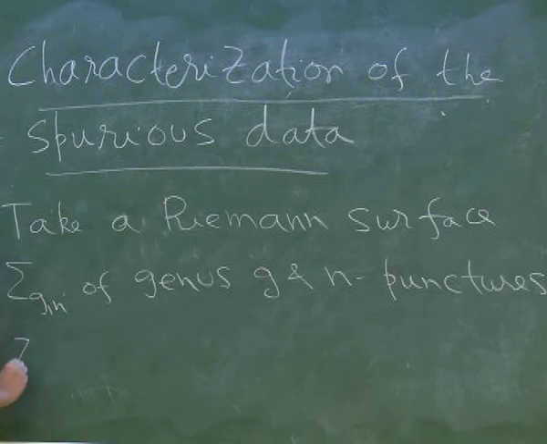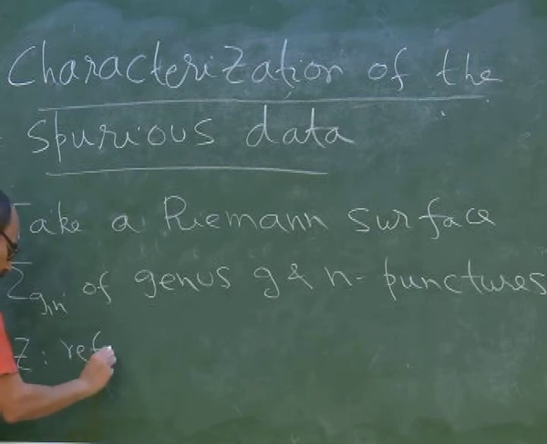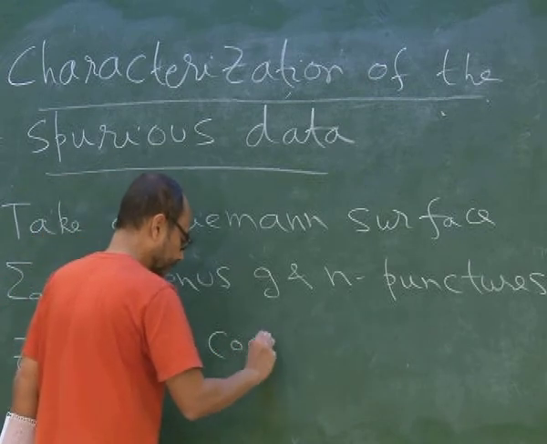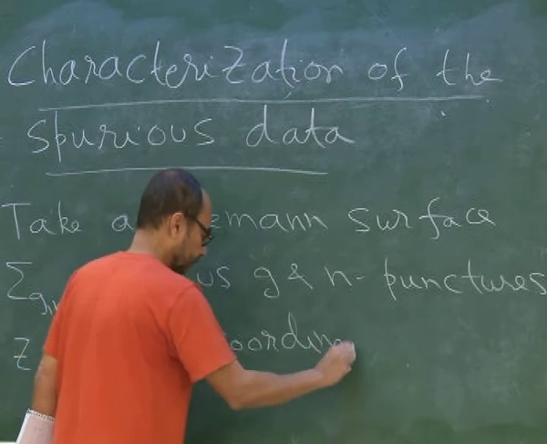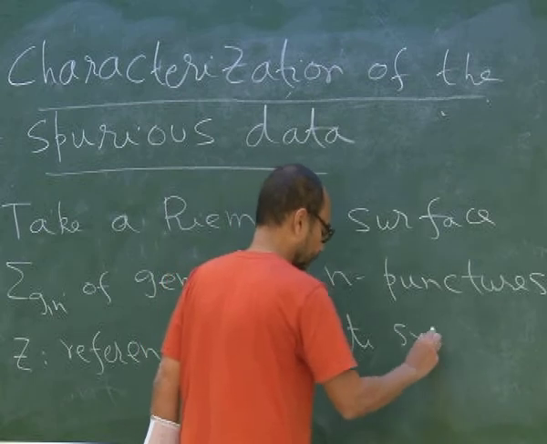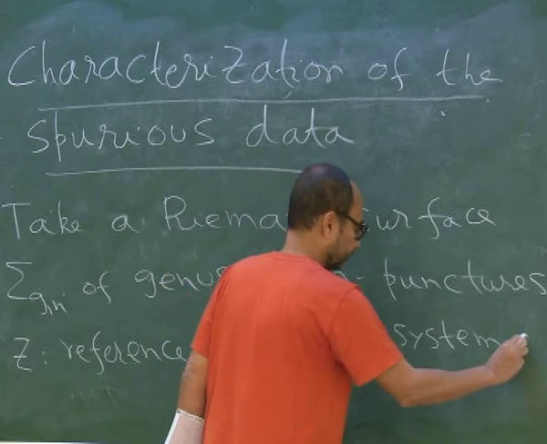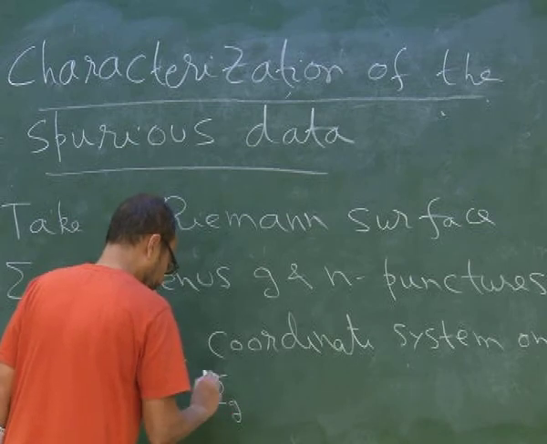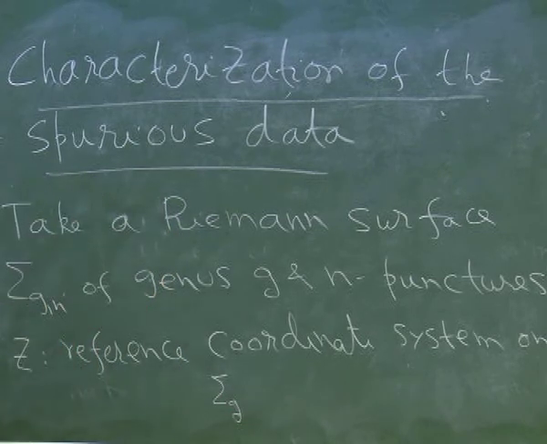We will denote by z some holomorphic reference coordinate system on sigma g. A Riemann surface is a two-dimensional surface which can be parametrized by one complex coordinate.